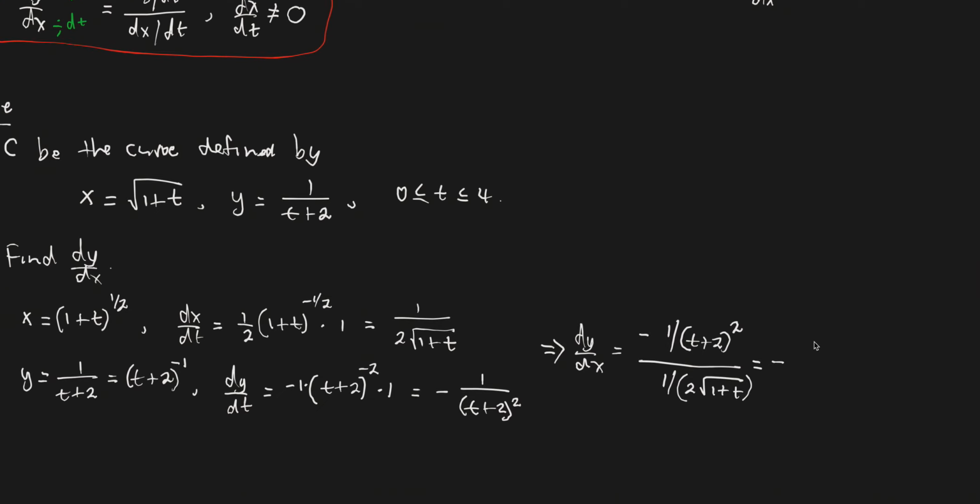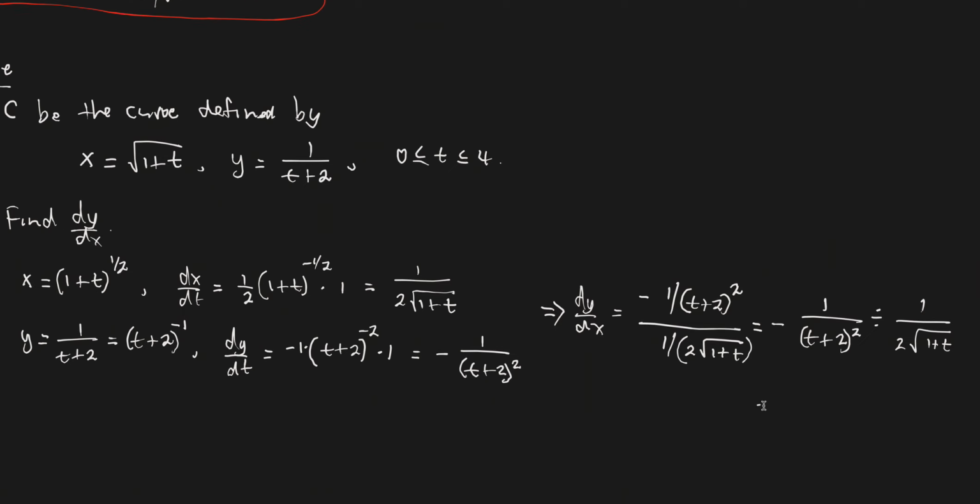So here's the negative sign, and then I'll have 1 over t plus 2 squared, divided by what I have here, 1 over 2 root the quantity 1 plus t.